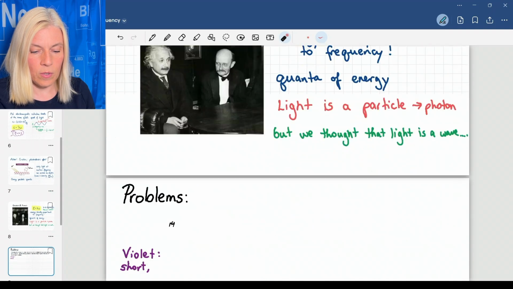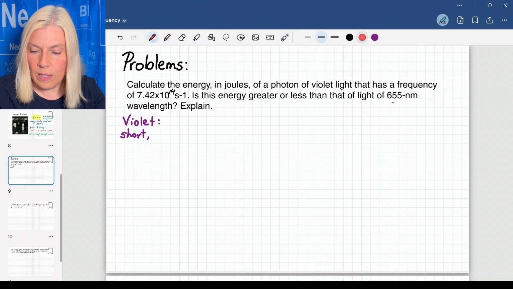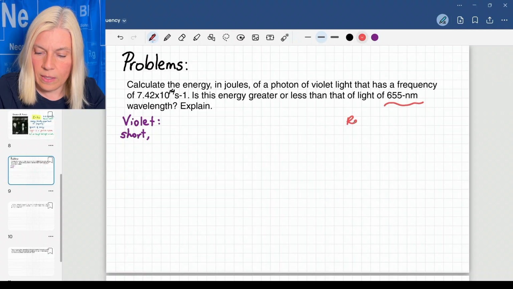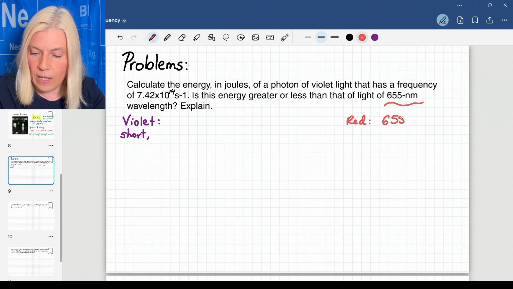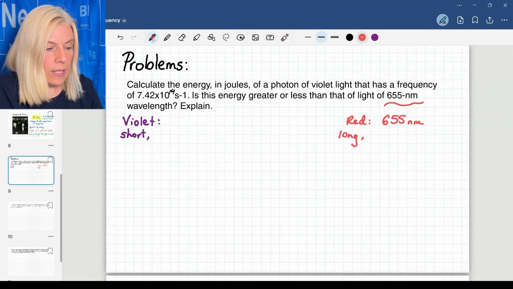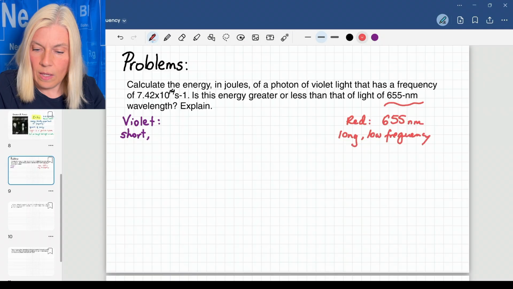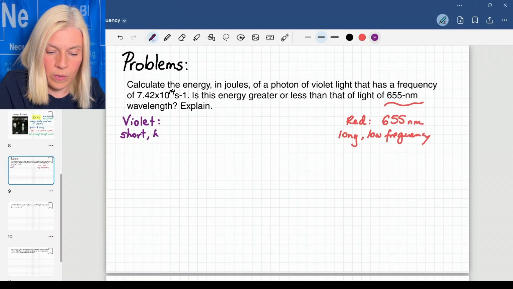Let's keep going with the problem. This is our red light, our 655 nanometers. So this is long wavelength, and it's going to be low frequency. And this one will be short wavelength, but it will be high frequency.